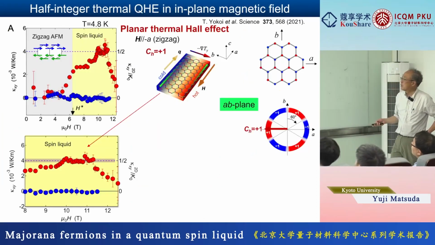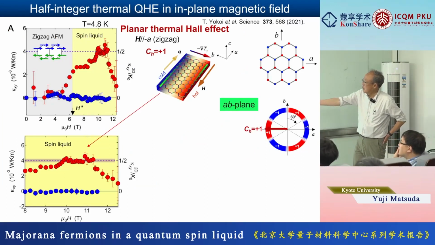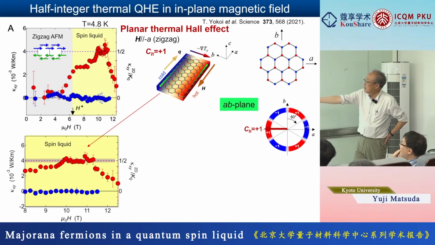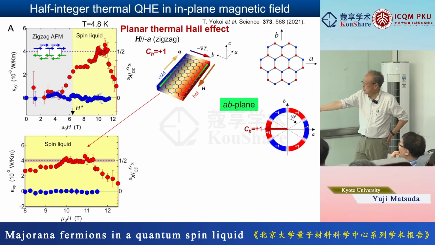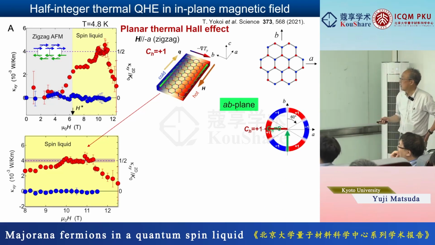Let me show you our result. We apply the thermal current in the plane and the magnetic field in the plane. So with the magnetic field applied parallel to the minus a-axis, we observe the planar thermal Hall effect, and it is very close to the quantized value, and it shows a plateau.